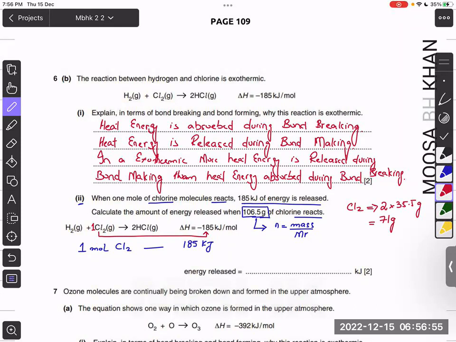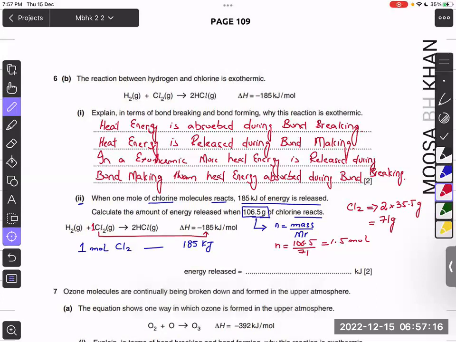So number of moles find out करने के लिए we know the mass given 106.5 gram and MR is 71 gram. So the moles of 106.5 gram of chlorine would be equals to 1.5 moles.